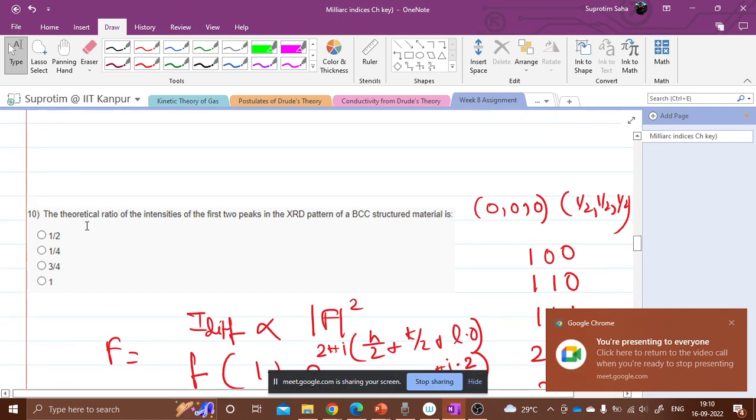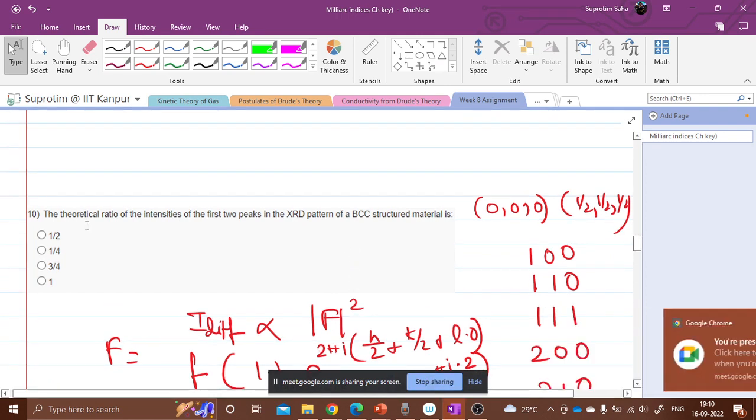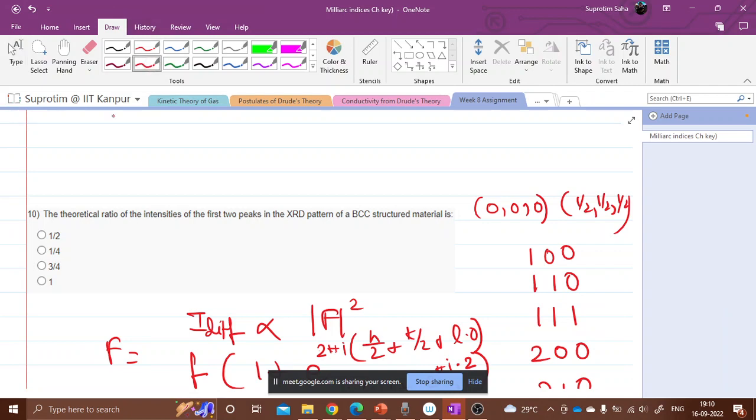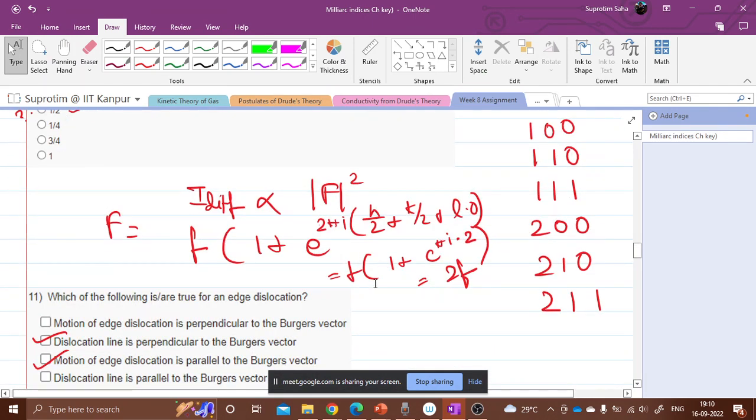So the first option is correct. This is right as given by the team. So I was not able to get into it. So yeah, any question?